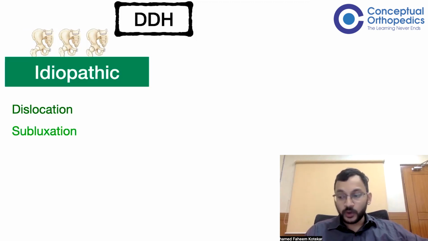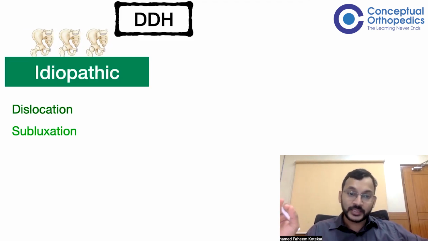Next, we come to a subluxation of the joint. This is also in the spectrum of an idiopathic DDH. In a subluxated DDH, the articular surfaces are in contact with each other, but they are not in complete contact. That means there is a partial dislocation of the joint, and that partial dislocation is known as a subluxation.